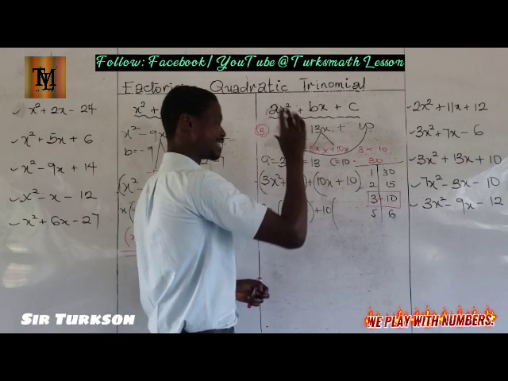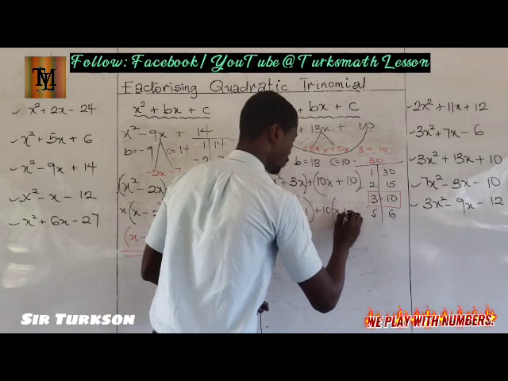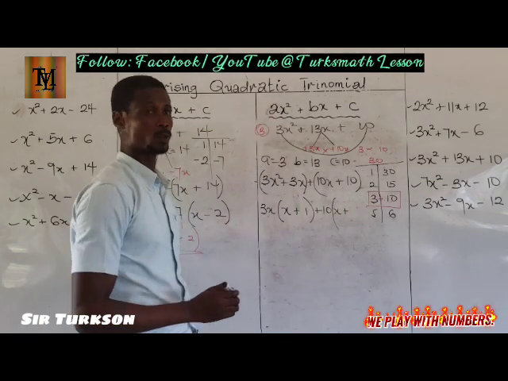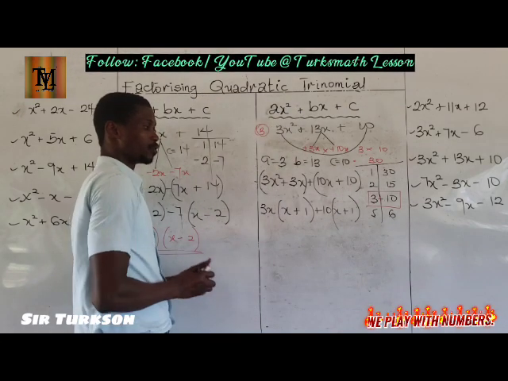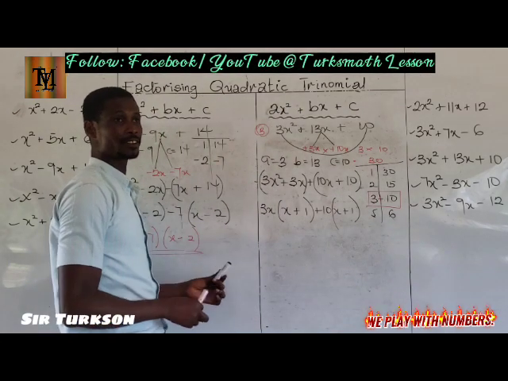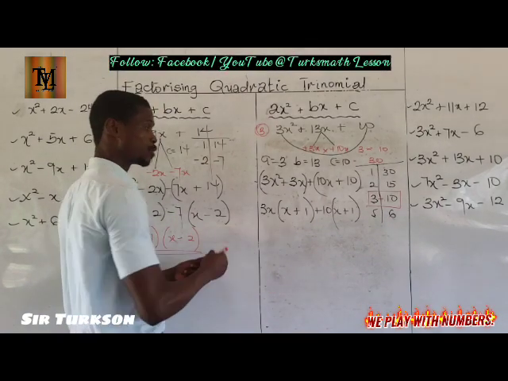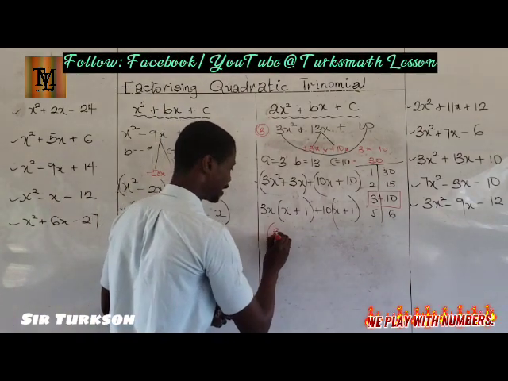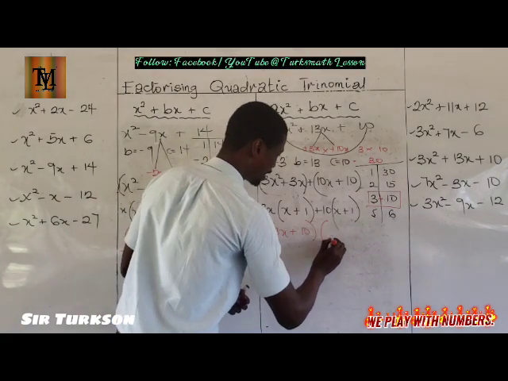Now, 10x divided by 10 will give us X. Plus 10 divided by 10 is 1. Very good. What values are outside? 3x and 10. So we put them into one bracket. So we are going to have 3x plus 10.